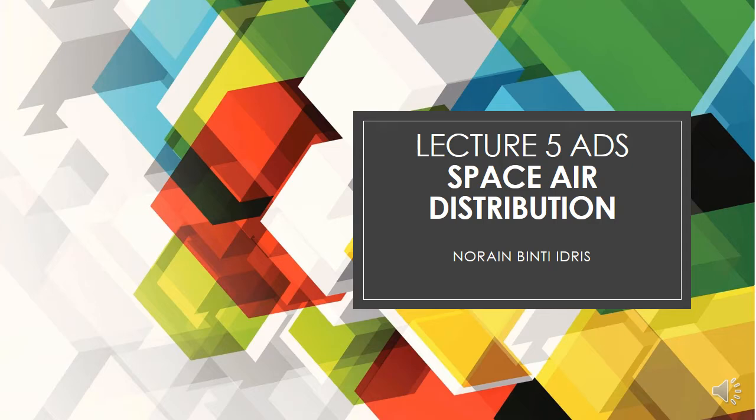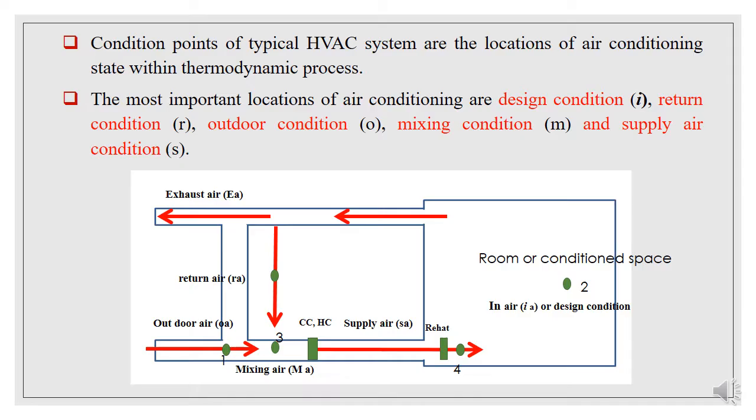Today, our topic is space air distribution. Alright, let's look at this figure. First, you have to know that condition points of a typical HVAC system are the location of air conditioning state within the thermodynamic process.